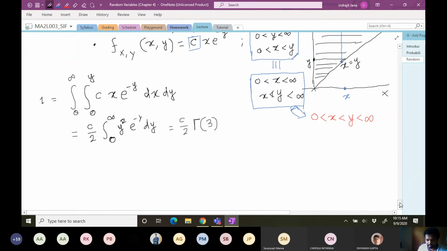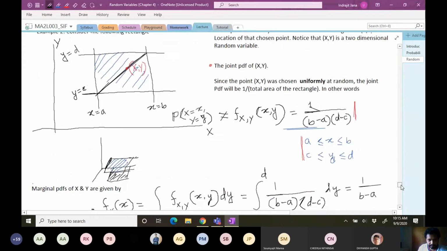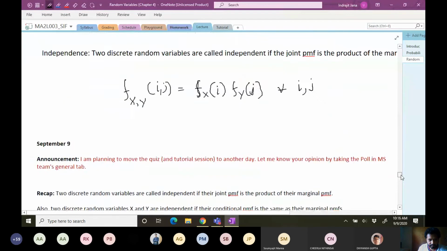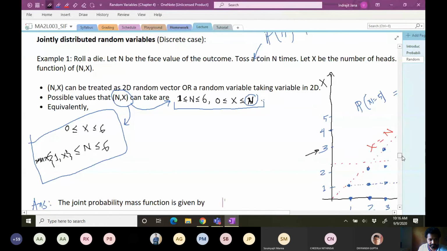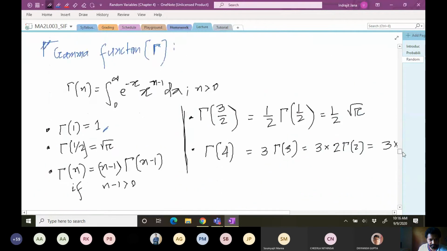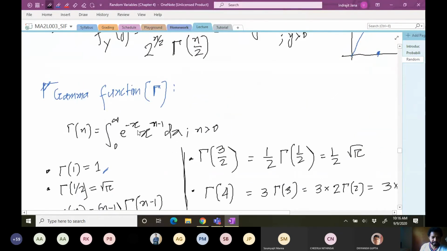Why is that? Let's go back to the previous day's lecture. Here it is. The definition of the gamma function: gamma n is the integration from 0 to infinity of e to the power negative x times x to the power n minus 1 dx.